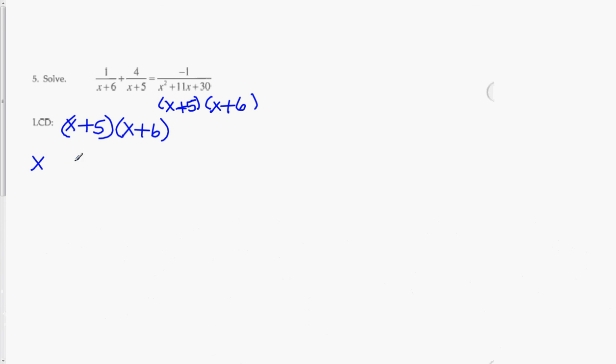So let's think about my bad numbers, numbers I can't use. In this first one, if I had a negative 6 there, that would be bad. In the second one, if I had a negative 5, that would be bad. So I've got to watch for those numbers at the end. So my LCD is x plus 5, x plus 6.